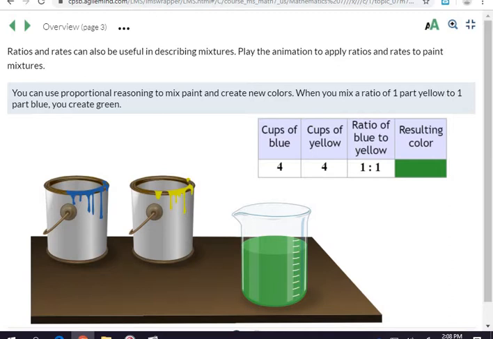Okay? Who thinks their group's got it? What's your group got? Half and half of, like, half of what? So you're pouring equal amounts of both paints is what you're trying to say? Okay. Is that what you're going with?